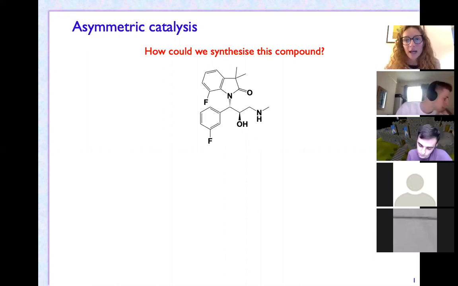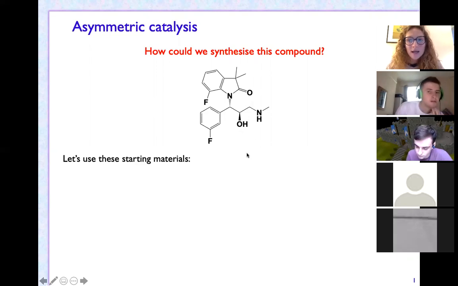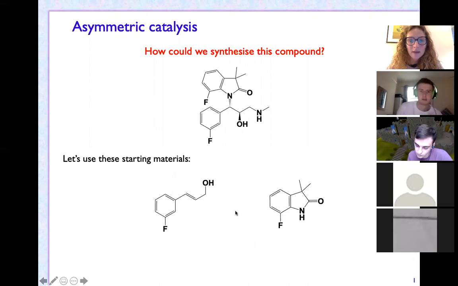What I would like you to tell me, guys, is how we can synthesize this compound enantiomerically pure. And we can start from these starting materials, this allylic alcohol here and this other compound here. So how can we proceed, guys?